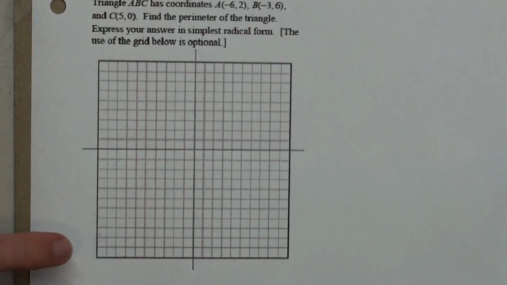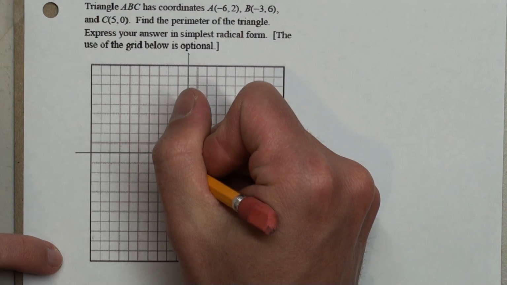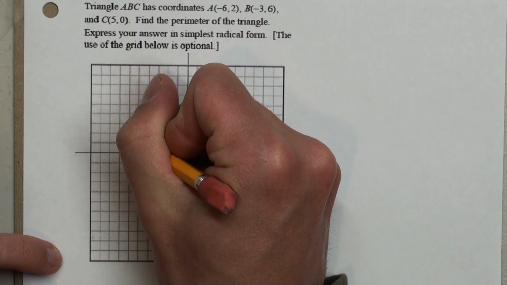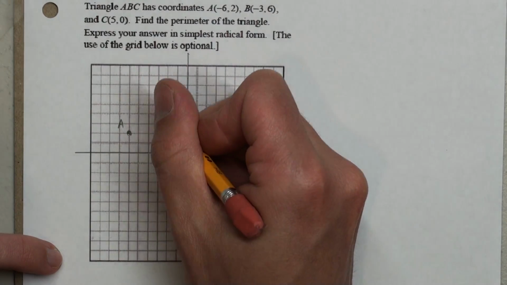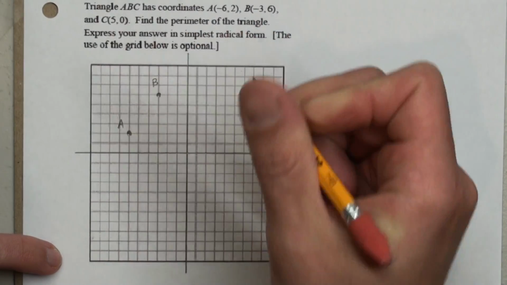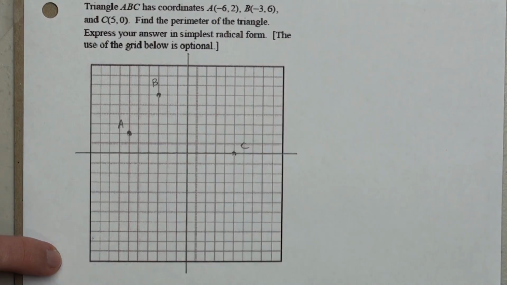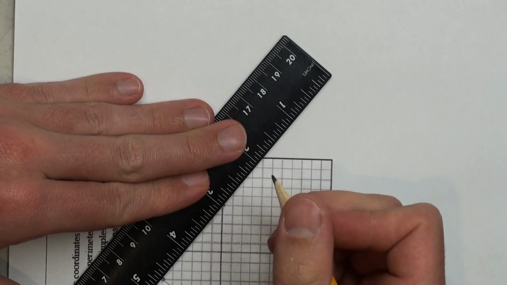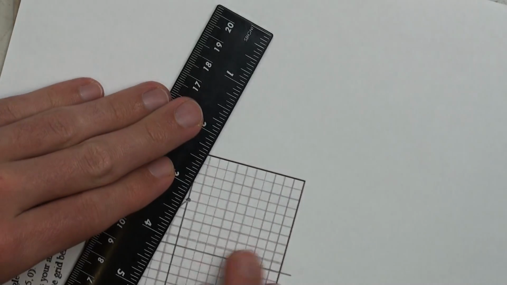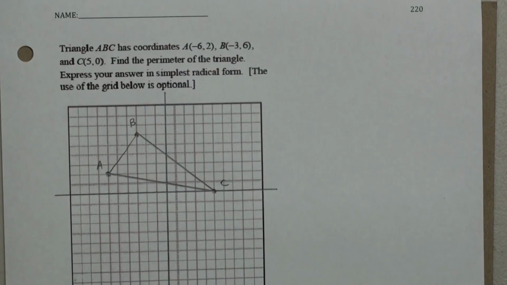But I'm going to anyway. -6, 2, -3, 6, and 5, 0. Okay.